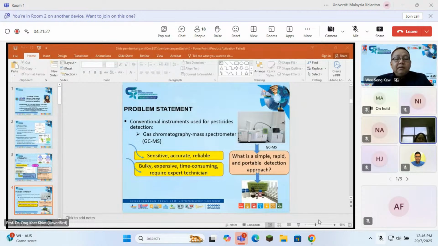What concentration do you detect? If we go to a very low concentration, like in micromolar, then we can get it. But if we go a bit higher, the result is not that reliable. Oh, higher.